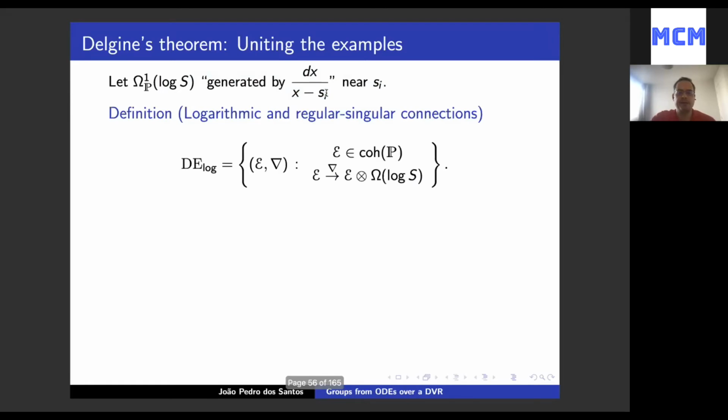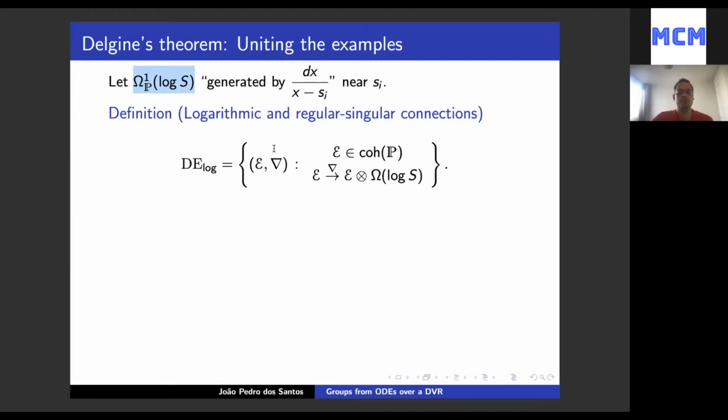And I introduce the logarithmic connections. Logarithmic connections are just connections, but instead of having values in holomorphic forms, they have values in logarithmic forms.